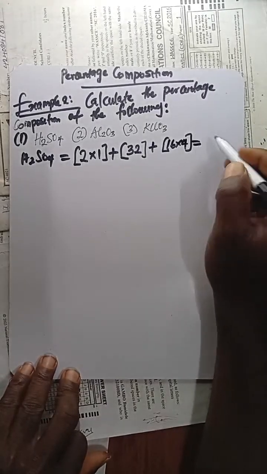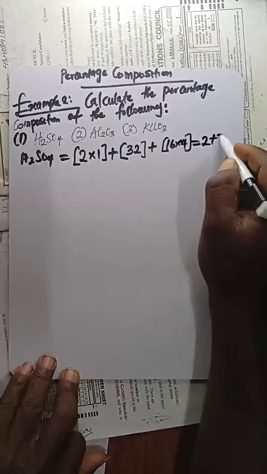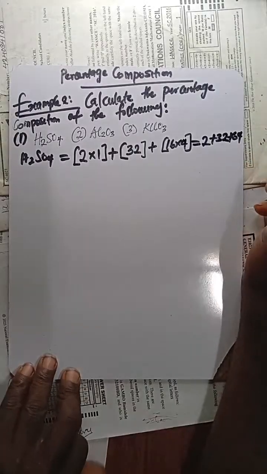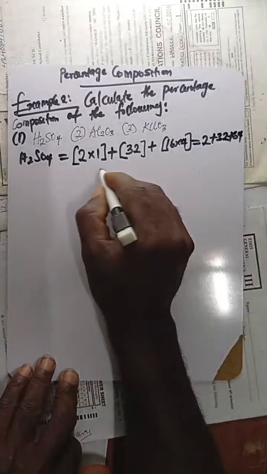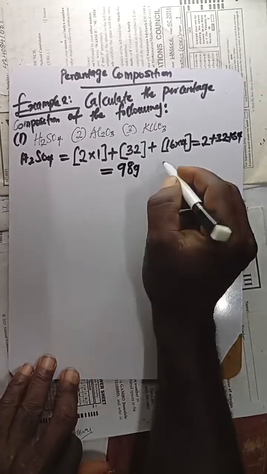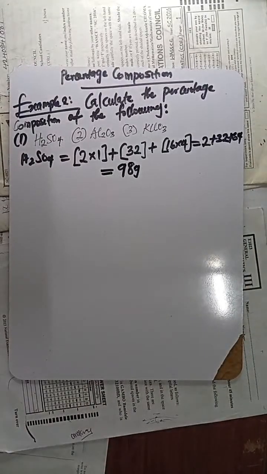It will give you 2 plus 32 plus 64 is equal to 98 gram. That is for the H2SO4.